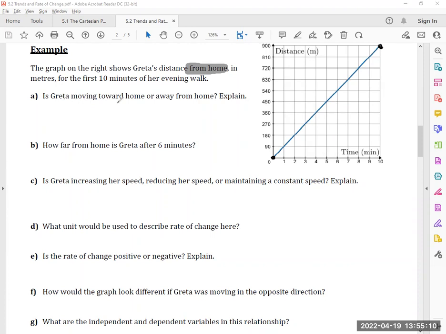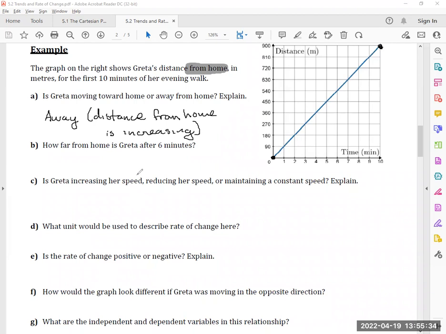Is she moving towards home or away from home? Yeah, right? Away, right? Because distance from home is increasing. Right.